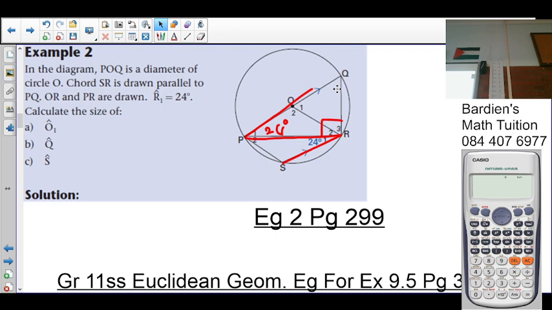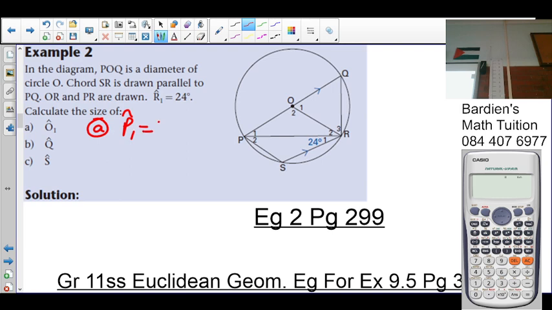Then we are told that those lines are drawn. First question is calculate O1. But we know that O1, angle at center, is twice angle at circumference. So I need to know what P1 is. But we already spoke about P1. P1 is going to be 24. So firstly we say that angle P1 is equal to 24 degrees. Why?